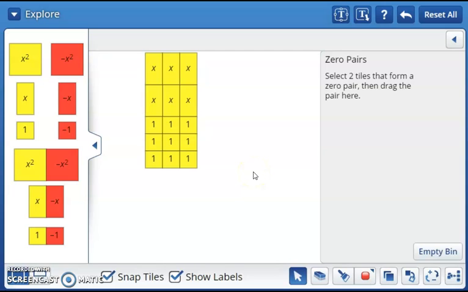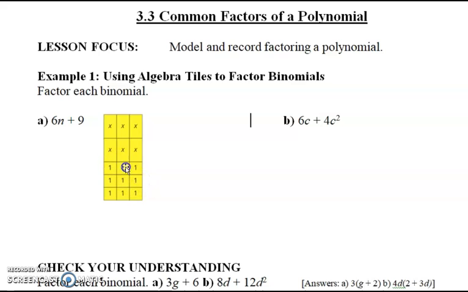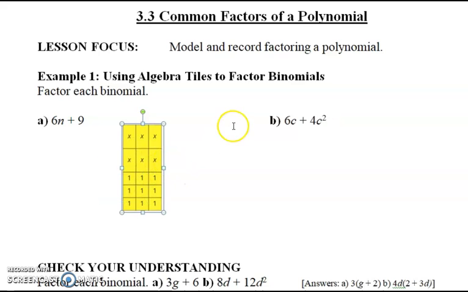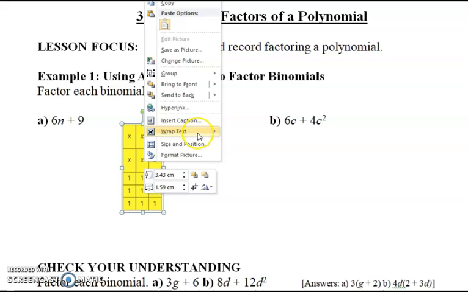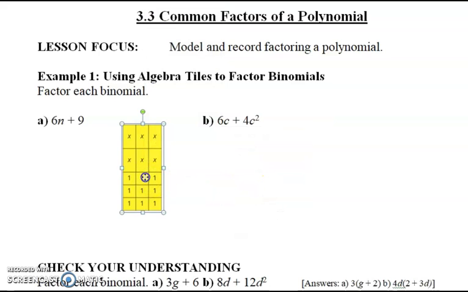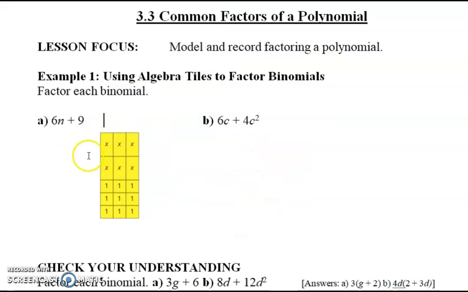What this allows us to do is essentially factor. The dimensions are going to be your two factors. Let's grab a picture of this. Remember from last year, for the x tile, the longer side is x and the smaller side is 1.